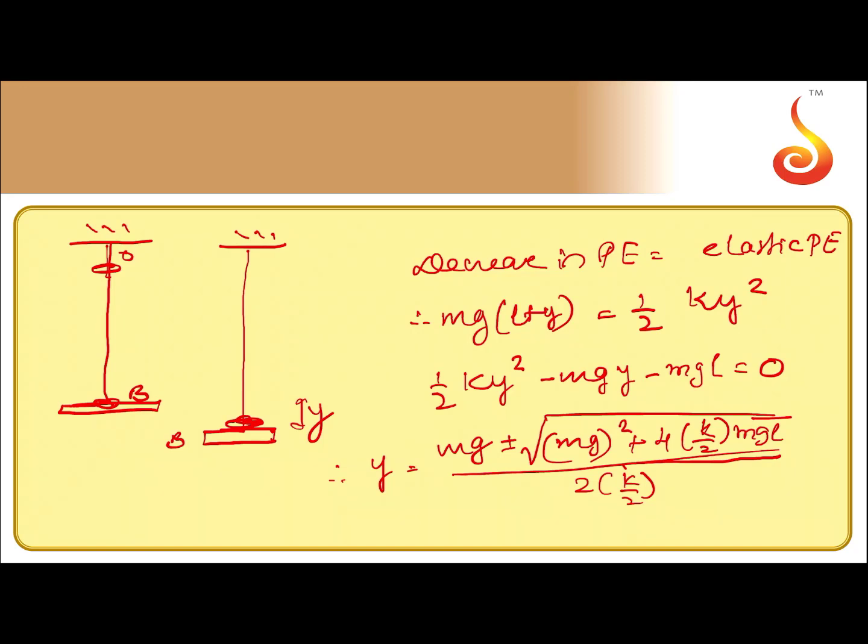So we can take mg outside and simplify, and it becomes mg divided by k times 1 plus or minus the square root of 1 plus 2kL divided by mg.